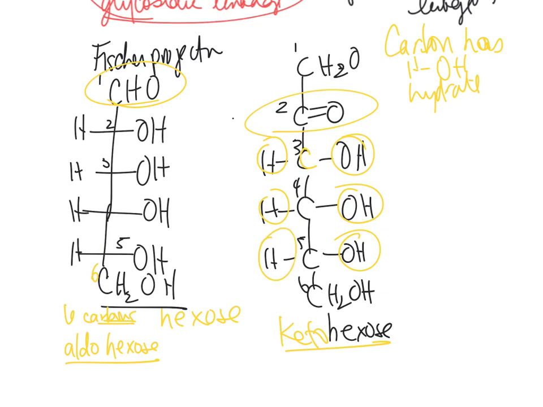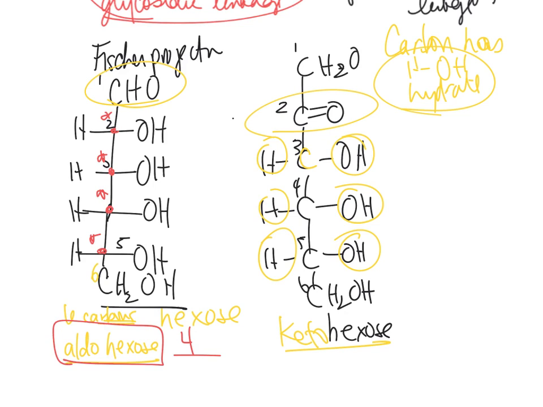So every carbon is hydrated. And that's where the word carbohydrate comes from. Now, each one of these carbons, and you know this in a Fischer projection, is an asymmetric carbon. So this aldohexose has how many asymmetric centers? 4.